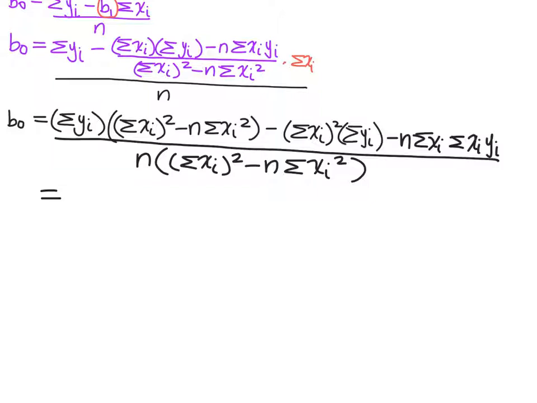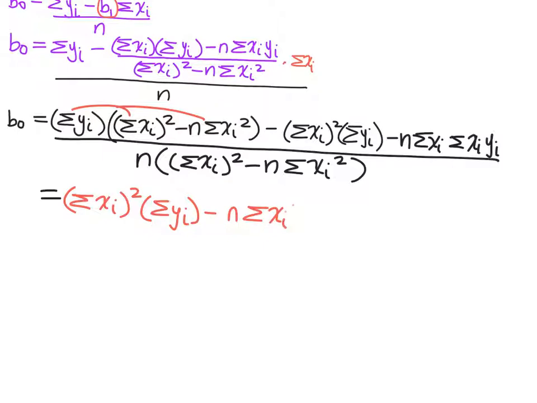Because when we distribute, and I'll show the distributing, we're going to get the sum of x sub i squared times the sum of y sub i, minus n times the sum of x sub i squared times y sub i, the sum of y sub i, minus the exact duplicate of the first part, except opposite.